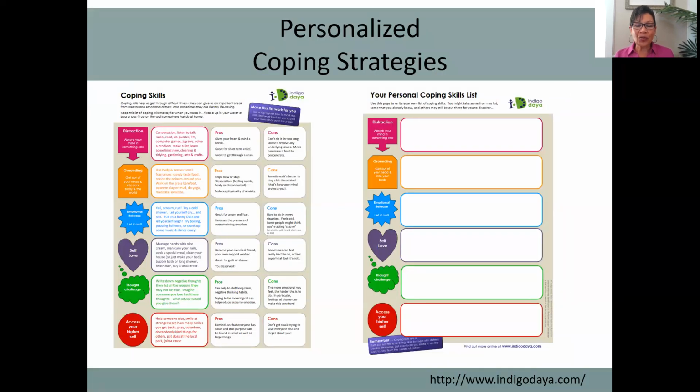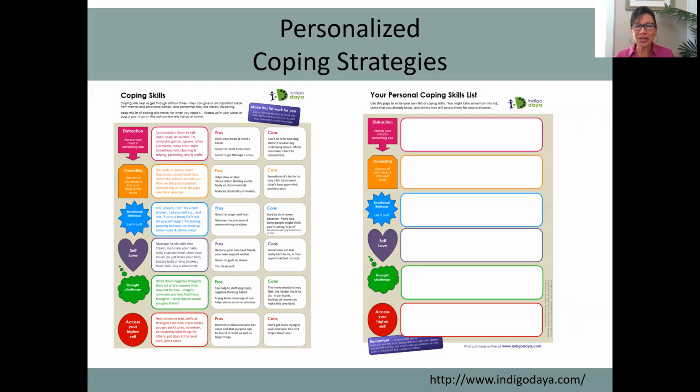So another great strategy is to develop a personal plan. And I love this personal plan. This is free on the Indigo Dia site that you'll see at the bottom of your screen. So take a quick picture of that with your camera. And they provide you with these two templates. The first one is coping strategies information, and it goes through all the different ways that we might cope with things.